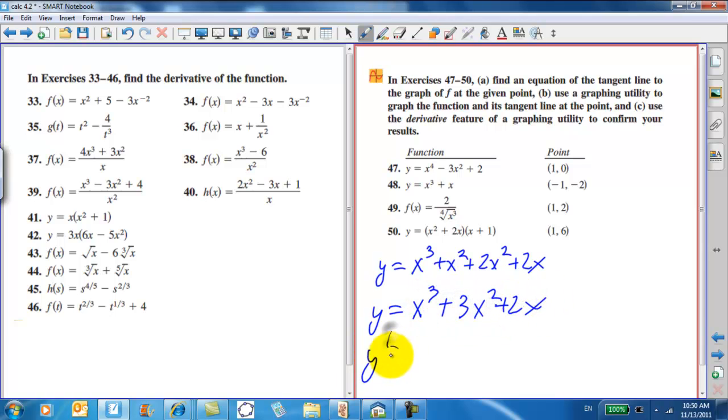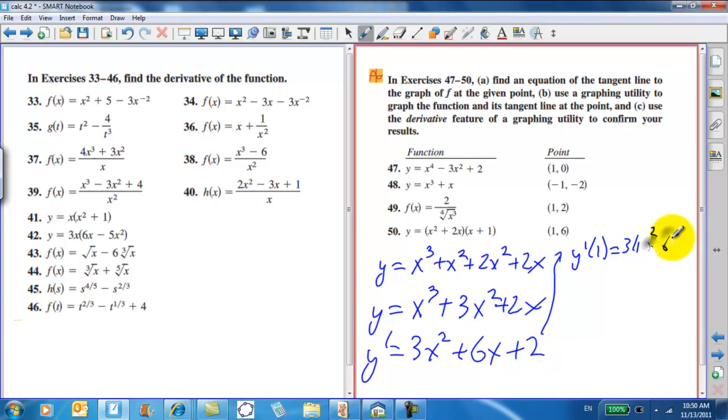So the derivative is 3x squared plus 6x plus 2. And so at the point 1, 6, y prime of 1 is going to be 3 times 1 squared plus 6 times 1 plus 2. And so you get 3 and 6 and 2 is 11.